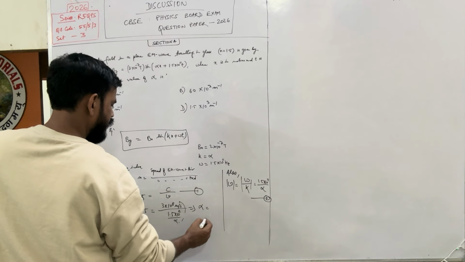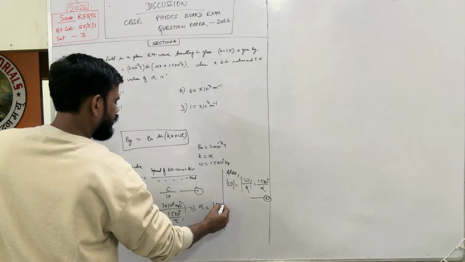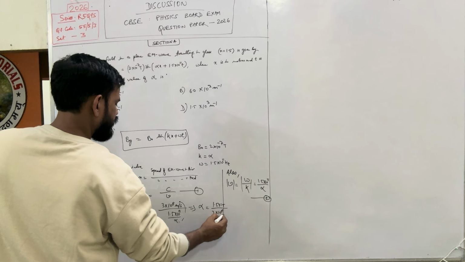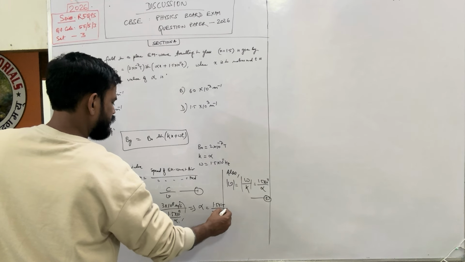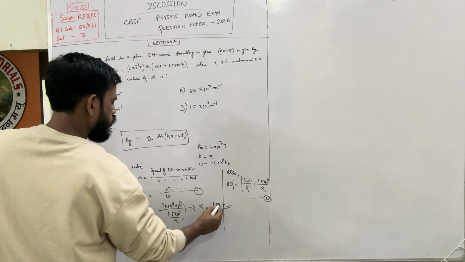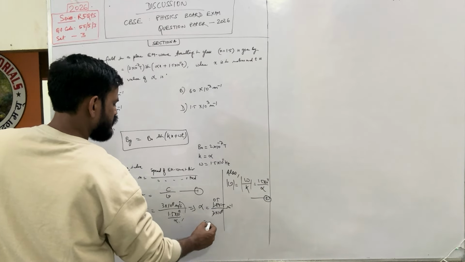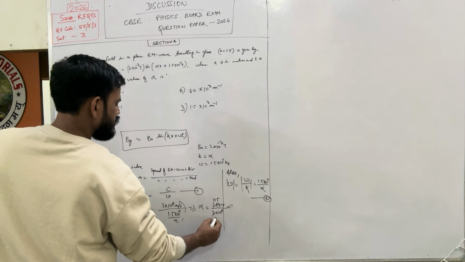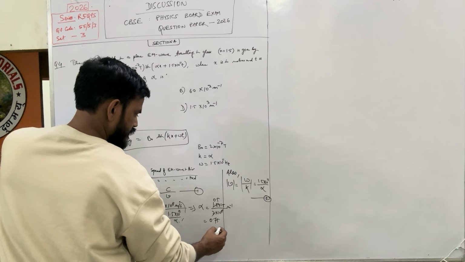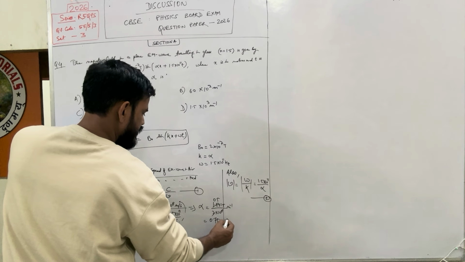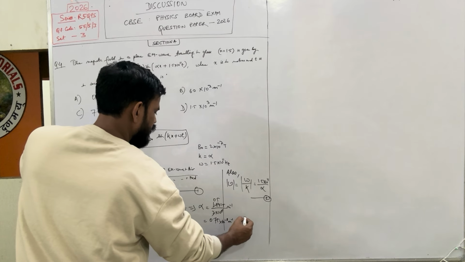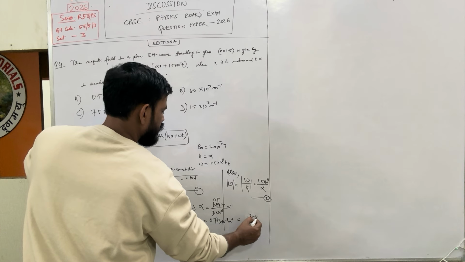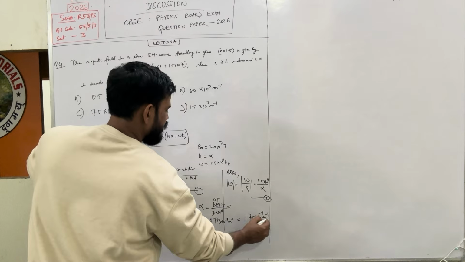Alpha is equal to 1.5 into 1.5 divided by 3 into 10 power 8, which should be in meter inverse. It comes out to be 0.75 into 10 power minus 8 meter inverse, which is 7.5 into 10 power minus 9 meter inverse.